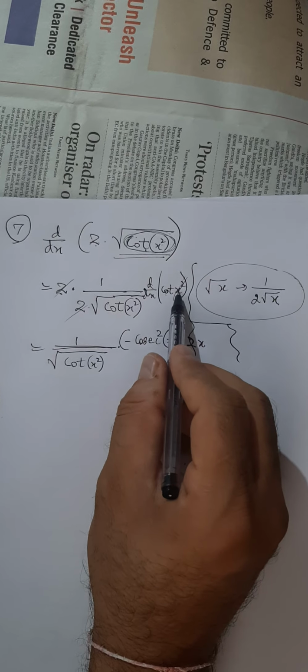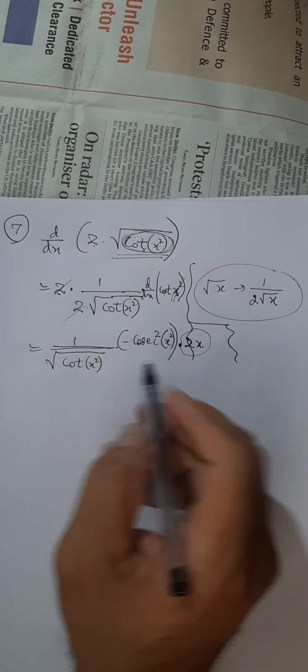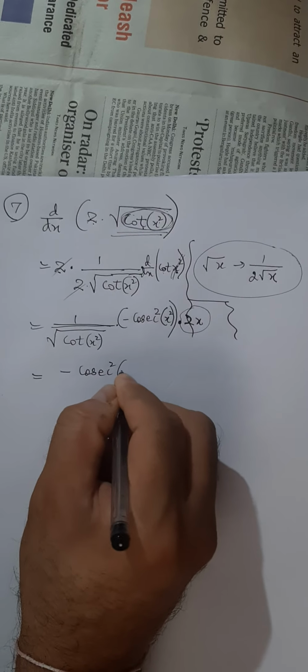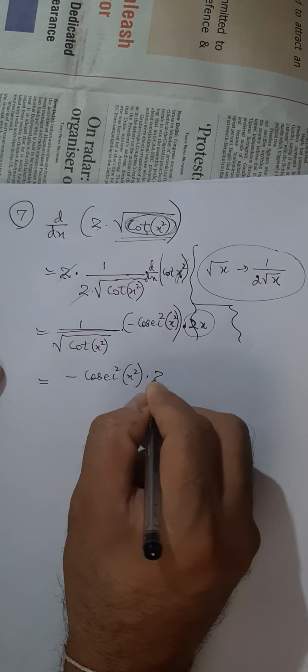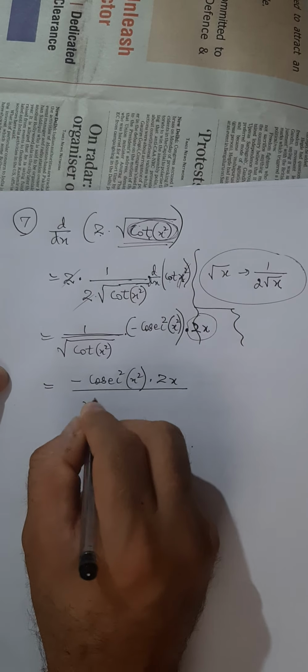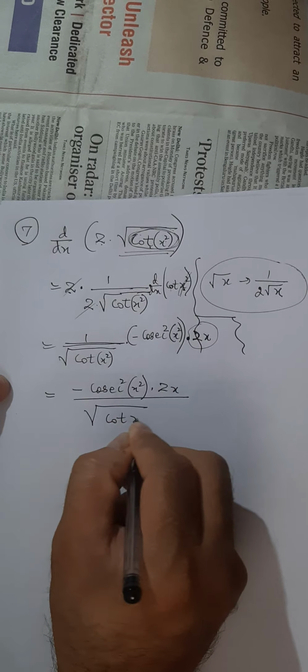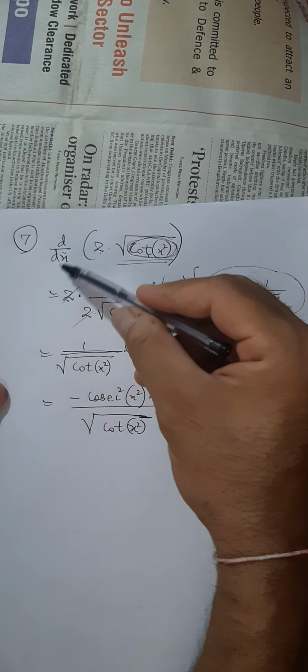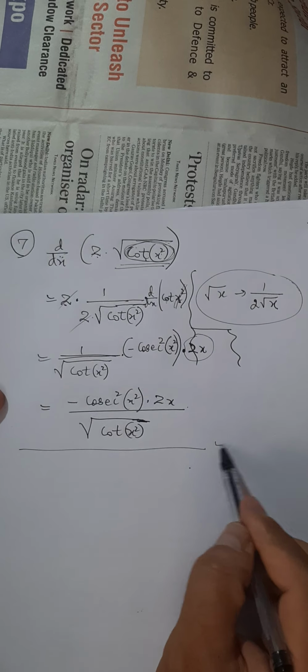You had considered x square as x, so into derivative of x square, which is 2x. So minus cosec square of x square into 2x upon root of cot x square. This is your final differentiation. I had started with d by dx, remember, so this is the derivative.